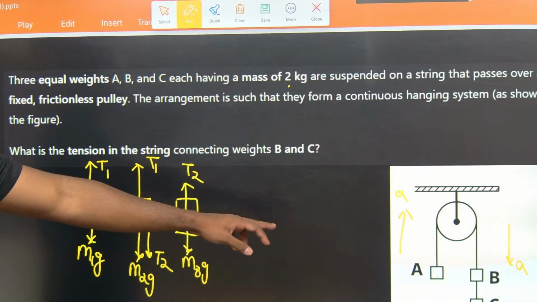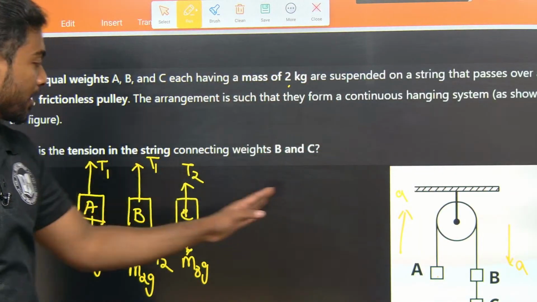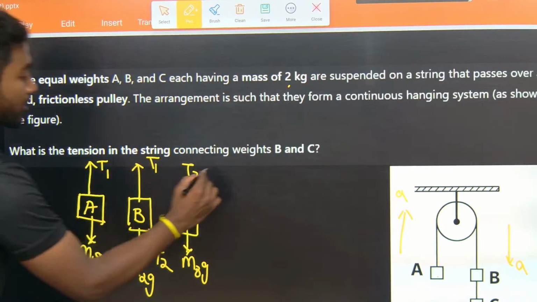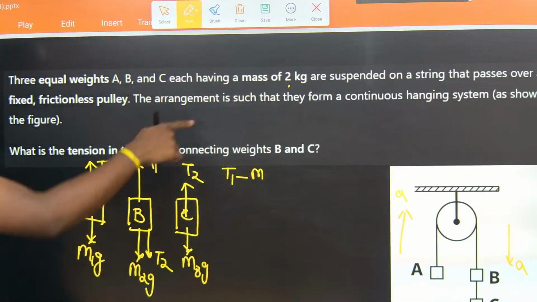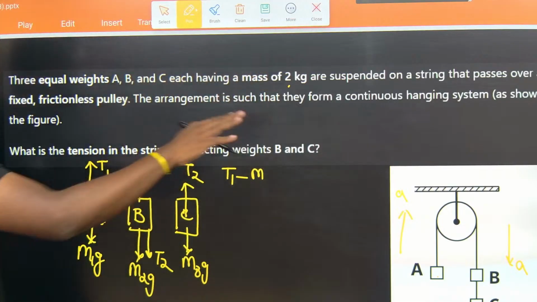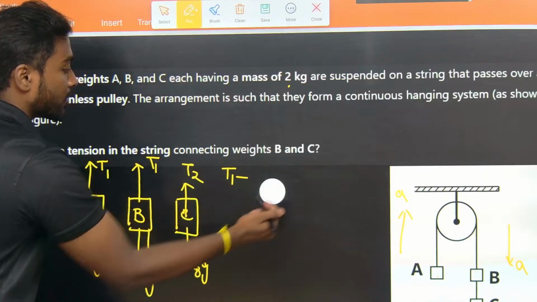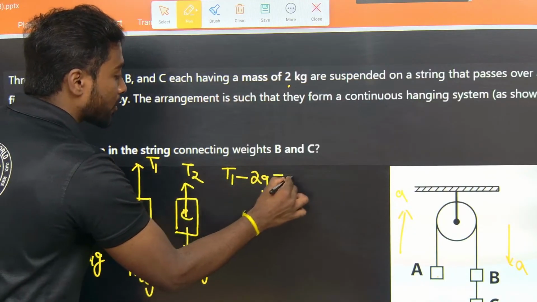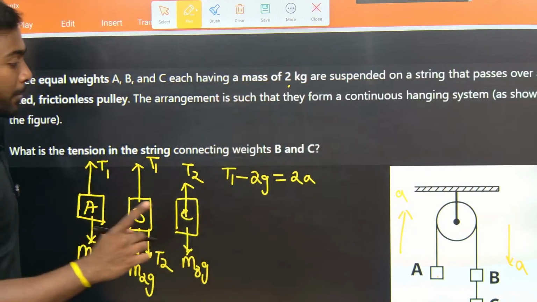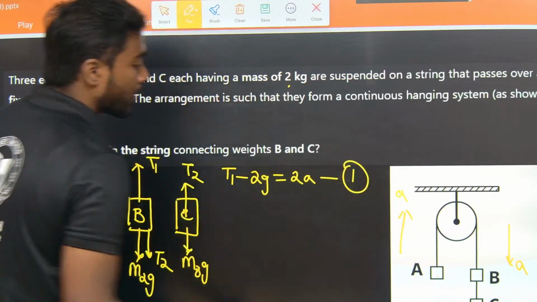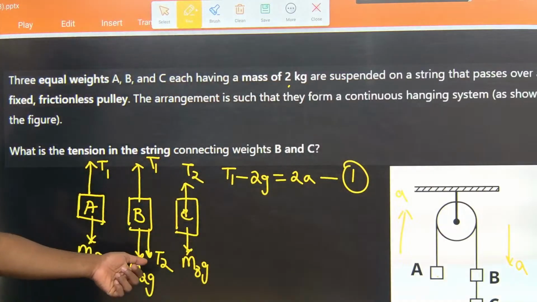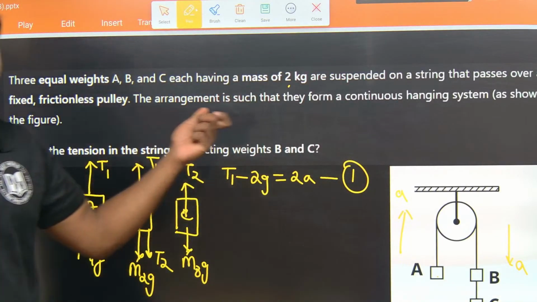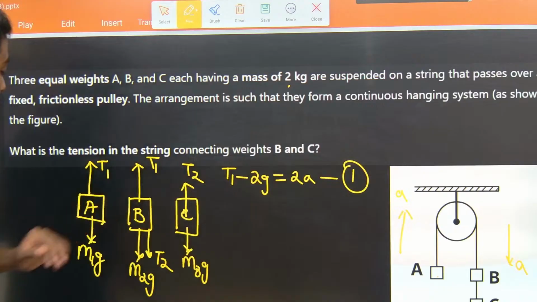If I assume that acceleration is in that direction, the equations will be T1 minus M1G. Everything has equal mass, that is 2 kg. So this is T1 minus 2G equals 2A. Equation number 1. What about equation 2? It is moving downwards, so whatever forces are in the direction of acceleration, I should write them first.